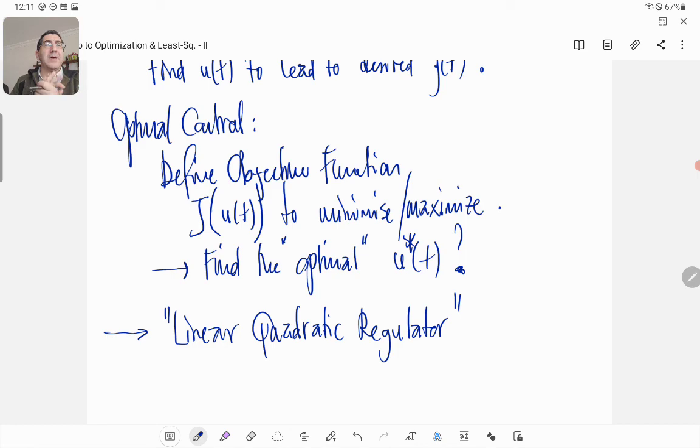One good thing about optimal control theory is that it's quite hard, but it can be approximated as an optimization problem. If you have further questions, we can discuss them during our time.